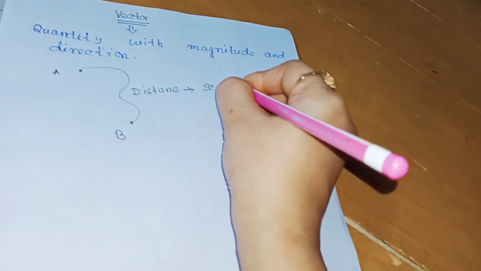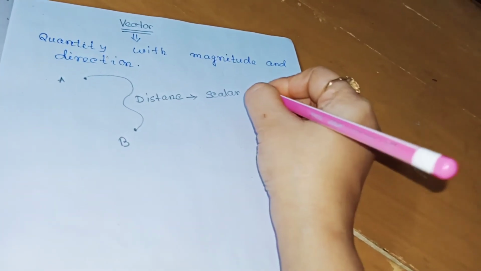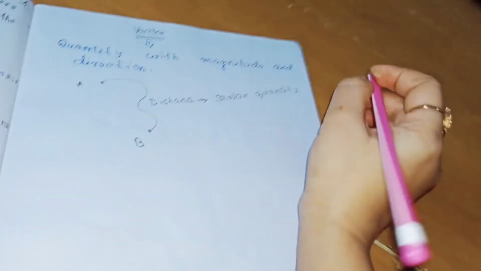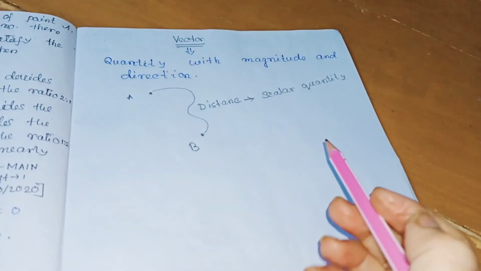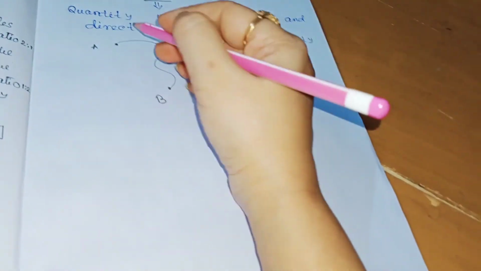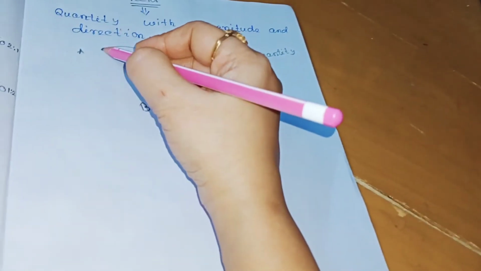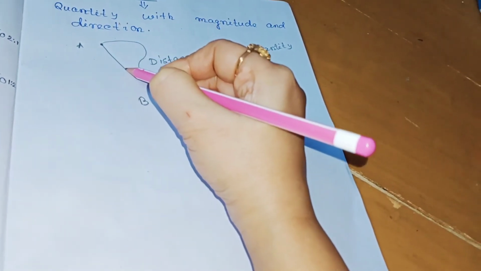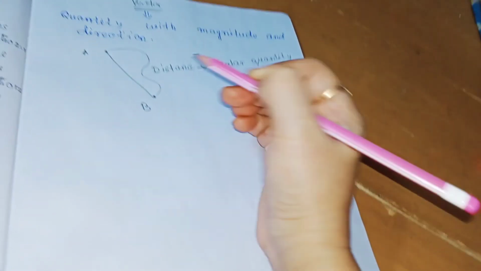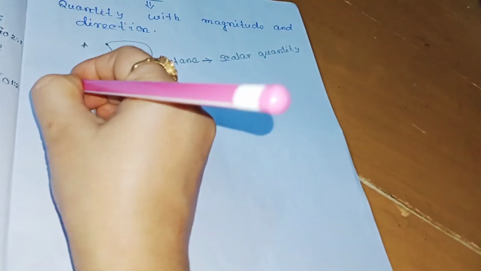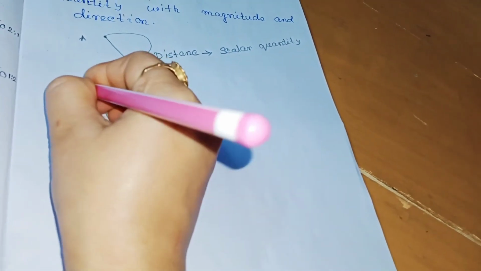Distance is a scalar quantity. Now in a single word, we may say the displacement is A to B. This is the displacement. So it is called the displacement.